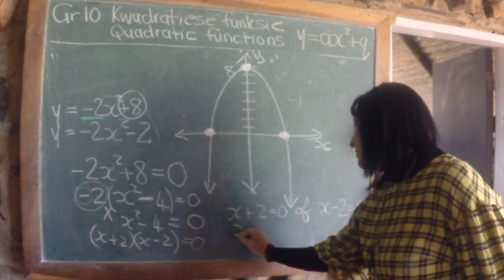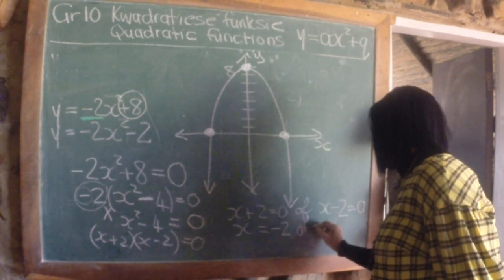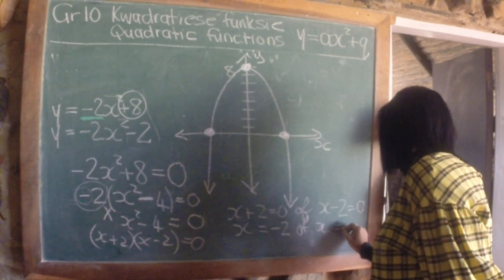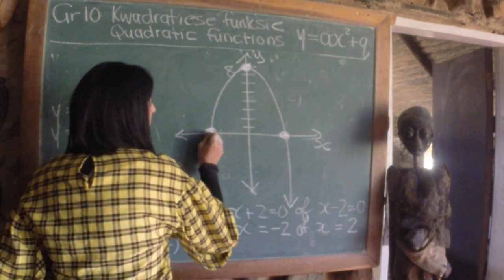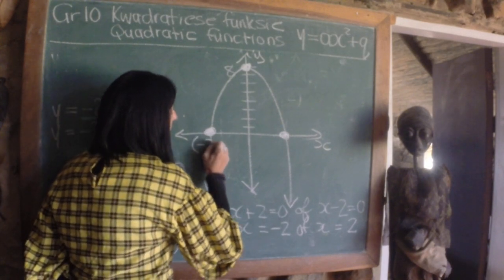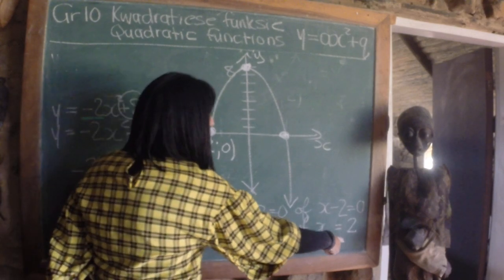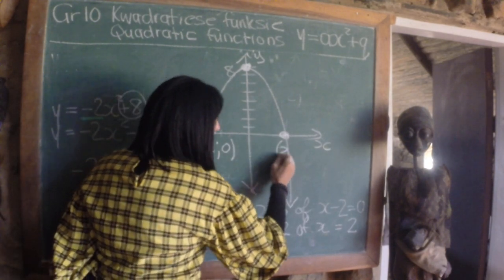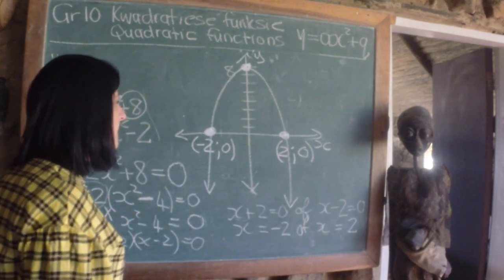So as ek daai ouetjie oor is gelyk aan van, dan word hy minus 2, en as ek daai ouetjie oor is gelyk aan van, dan word hy 'n plus 2. So hierdie punt sit aan die negatiewe kant, so wat gaan sy naam wees? -2, 0. And that one is on the positive side, so the name of that coordinate is 2, 0.